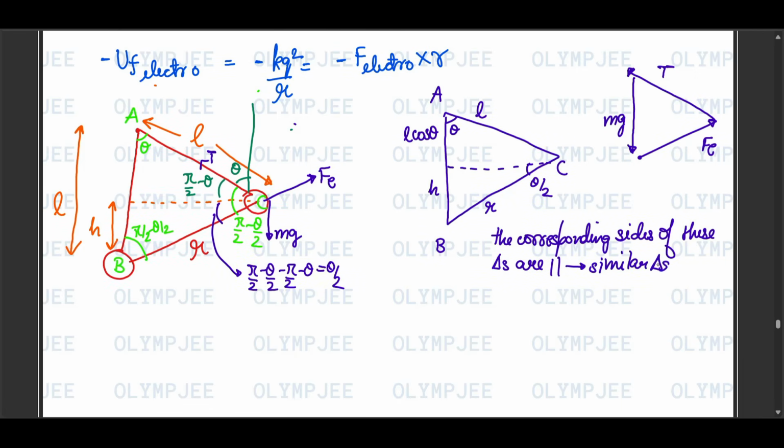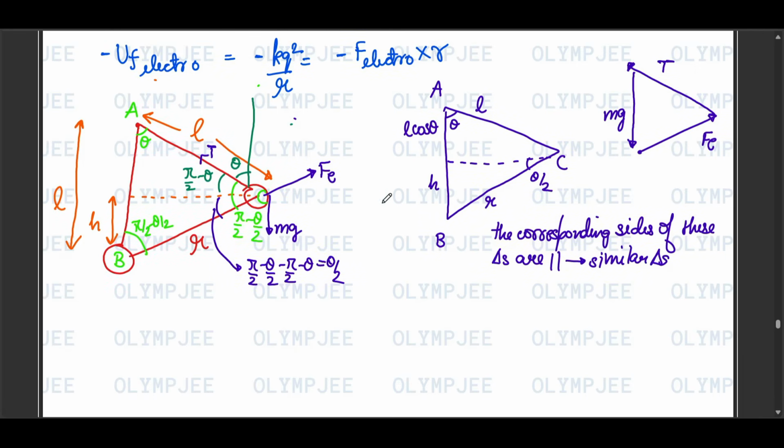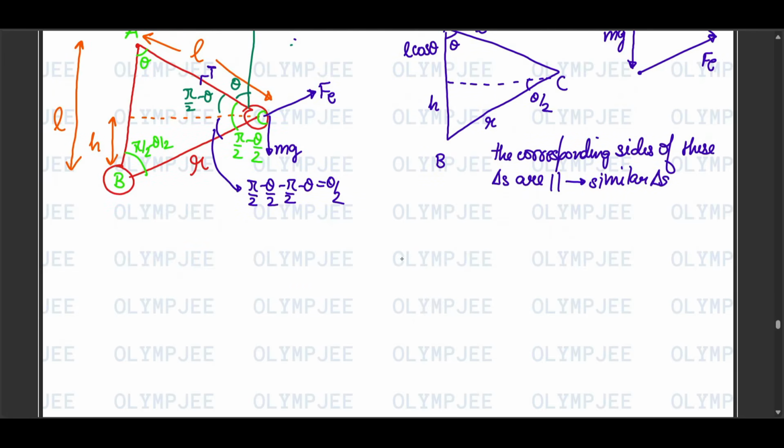So I can use a property of similar triangles, which will shorten our method compared to breaking into x and y components. We will get mg by L is equal to tension by L is equal to Fe by R.